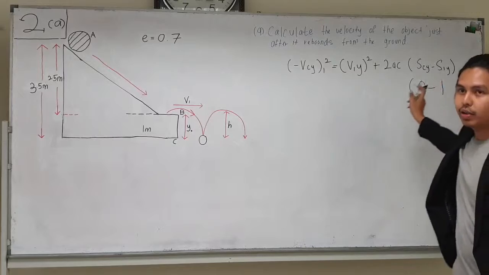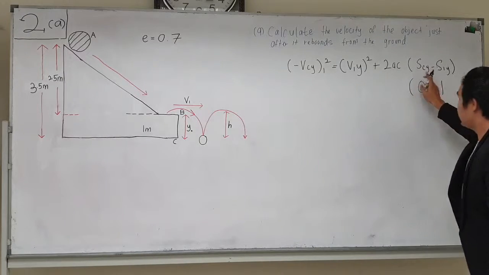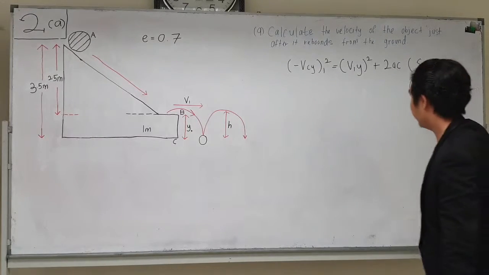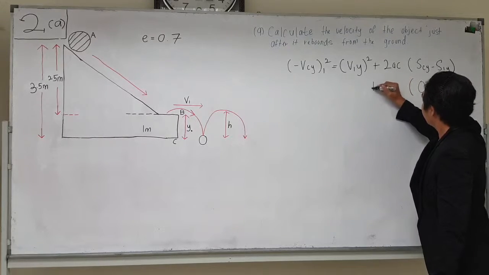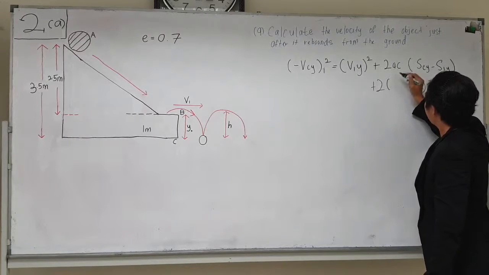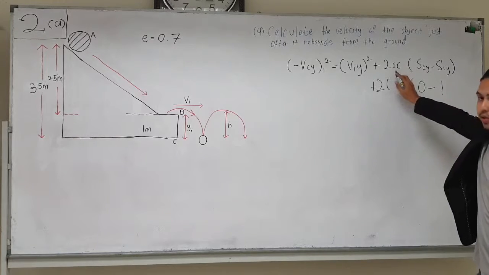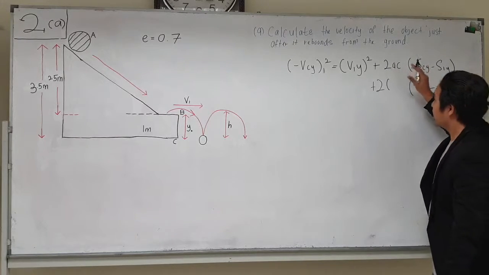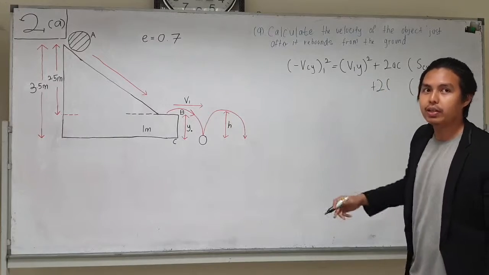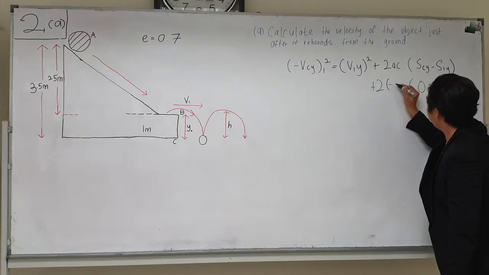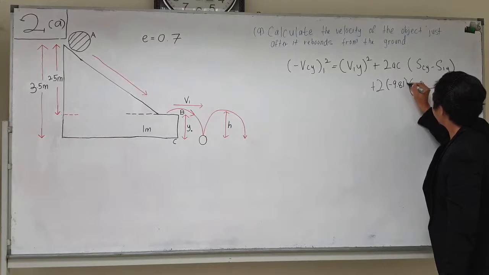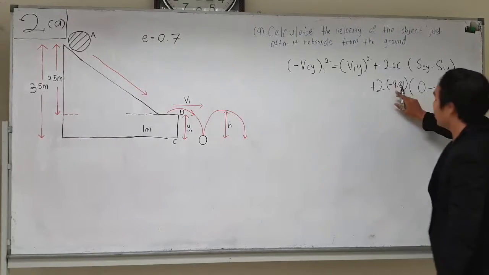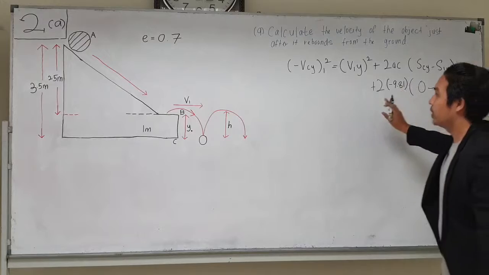S1Y is the final value and S0Y is the initial value. We also know to multiply by the acceleration, which is set by gravity. The value is negative 9.81. Why is the value negative 9.81?